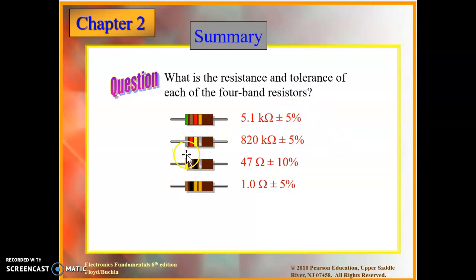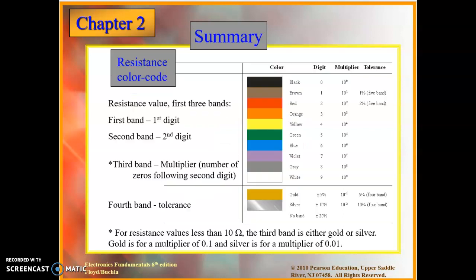Then we have gray, red, yellow, and silver. Gray is 8, red is 2, and yellow, let's see what yellow is. Yellow is 4.